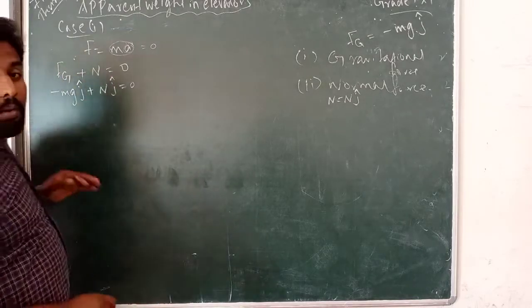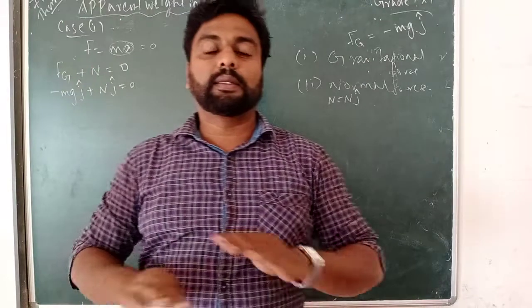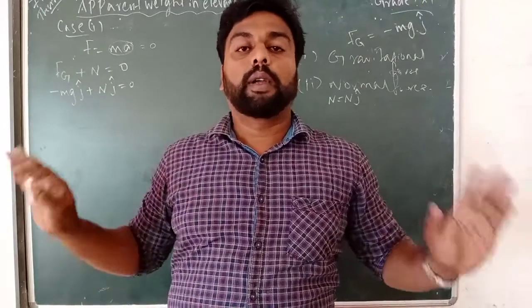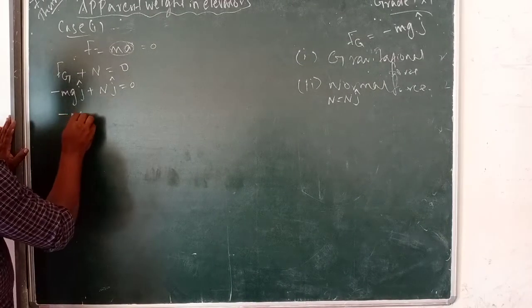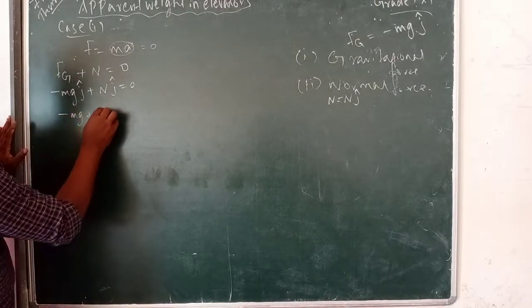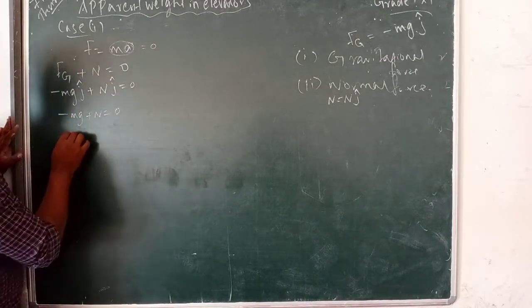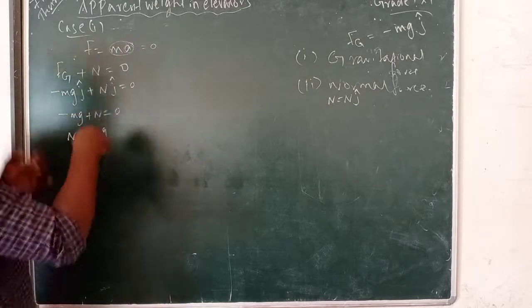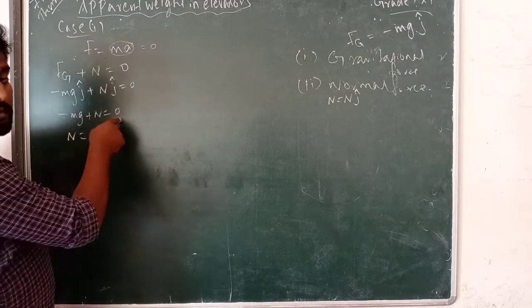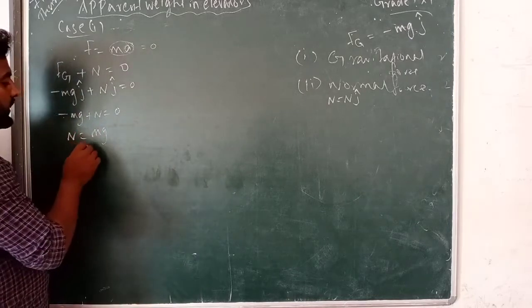Now comparing the components means we just remove the vector symbol. So minus mg plus n equal to 0. The minus mg goes after the equal symbol, so minus becomes plus.